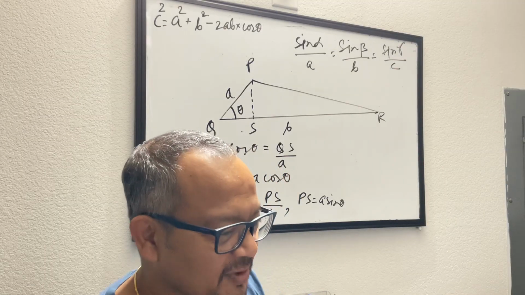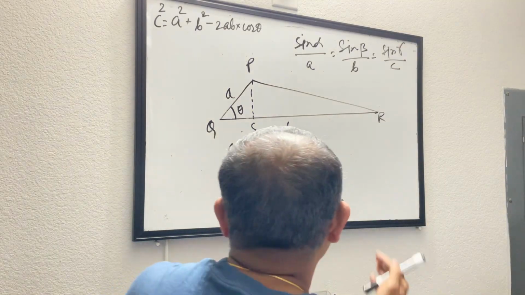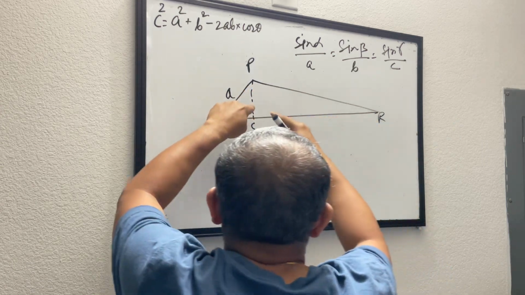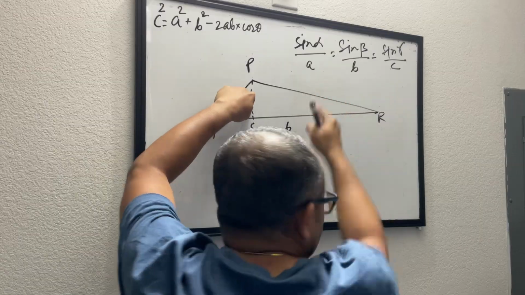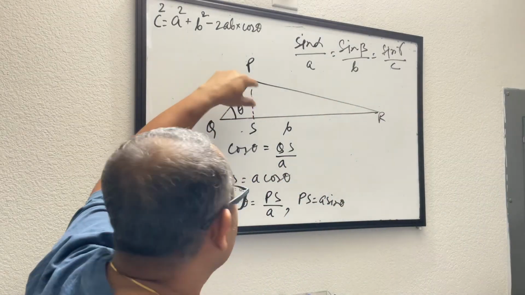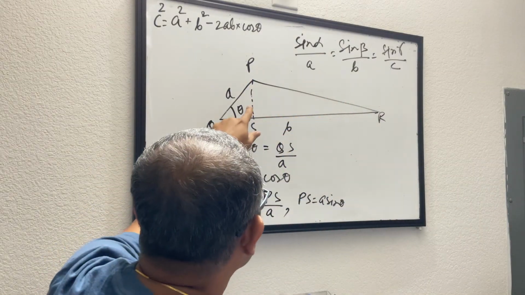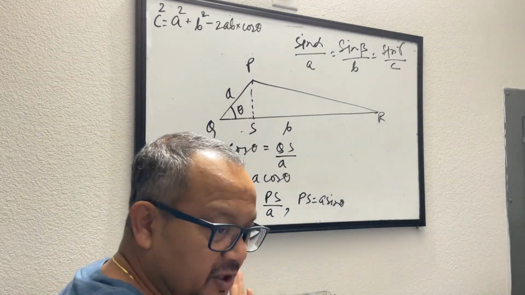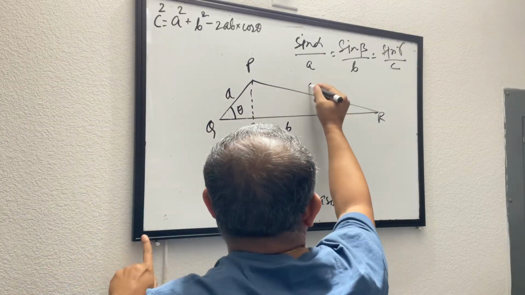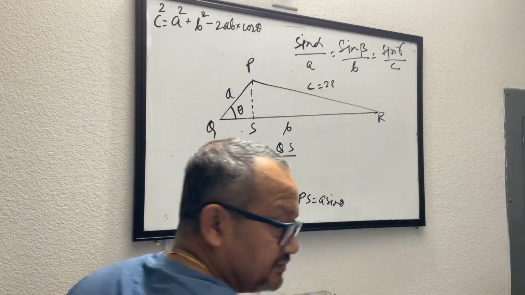Pythagoras' uncle has told us that if you have a right angle triangle, the sum of the squares of the sides making 90 degrees will be equal to the hypotenuse square. That part we know. And this is C, which we are trying to find out. Correct?